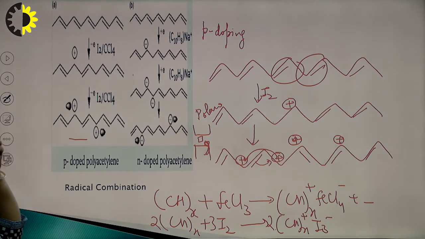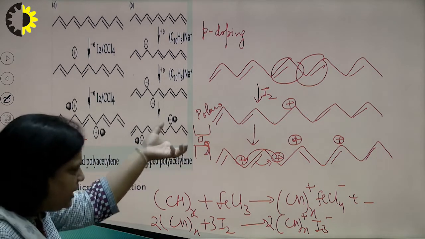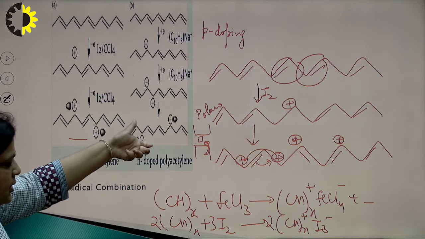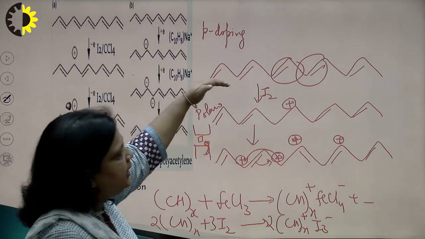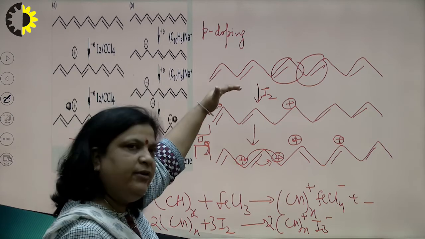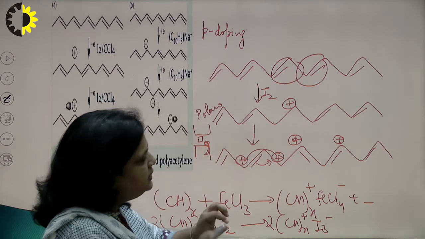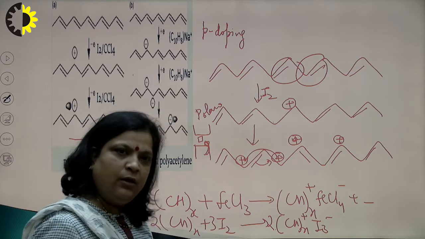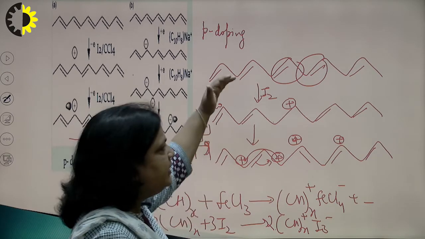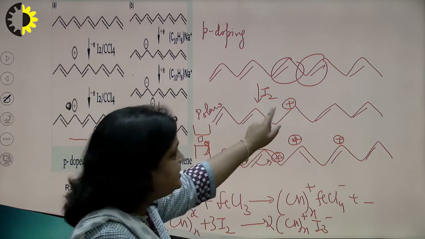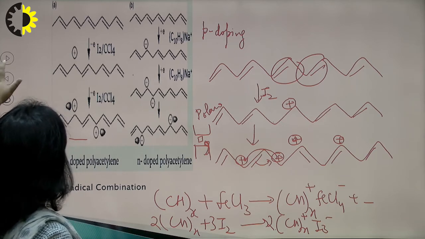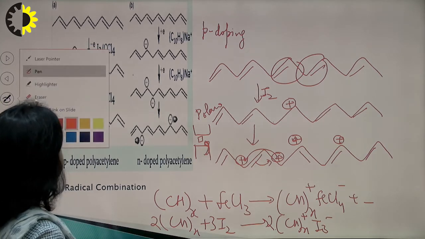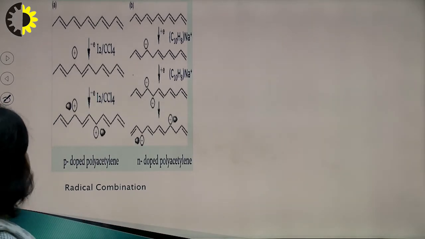Or simply we can say there will be a development of two solitons, that is two holes in the mid energy level. Initially the conductivity is comparatively less, but after doping the charge gets moved or localized, so the conductivity gets increased, and since positive charges are developed, this is termed p doping, which is done by an oxidizing agent.